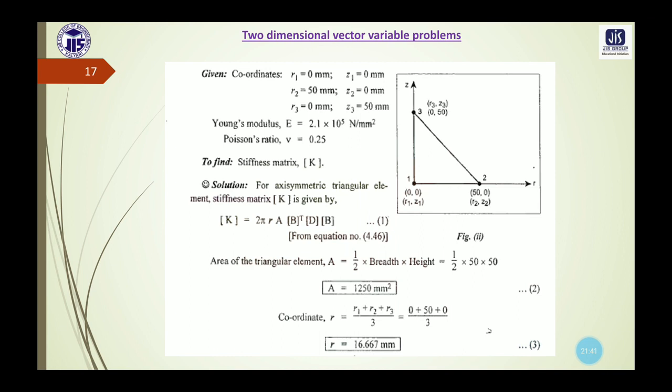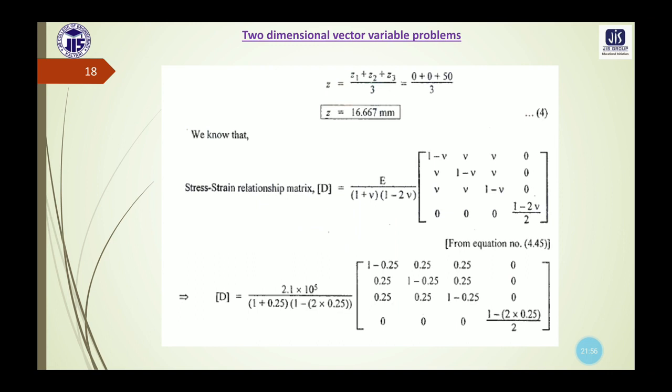The area is calculated as 1250 millimeter square. Next, the R coordinate is calculated as R1 plus R2 plus R3 by 3, which comes as 16.667 millimeter. Next, the Z coordinate is Z1 plus Z2 plus Z3 by 3, which also comes as 16.667 millimeter, our equation number 4. So these are the first three things we have calculated: the area of the triangle, the R coordinate and the Z coordinate.